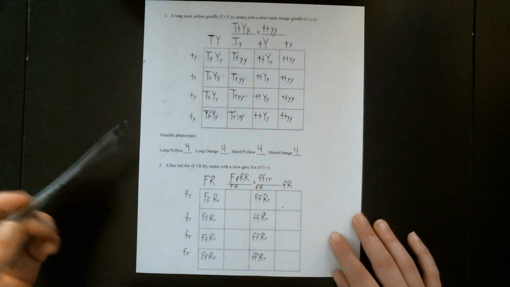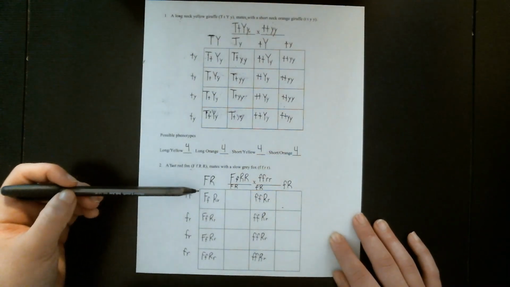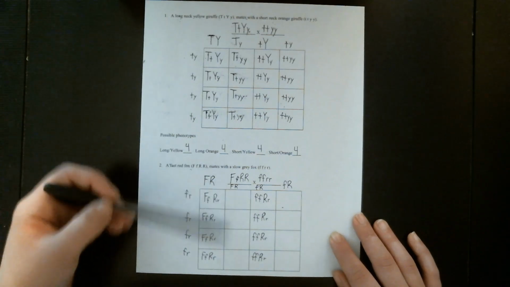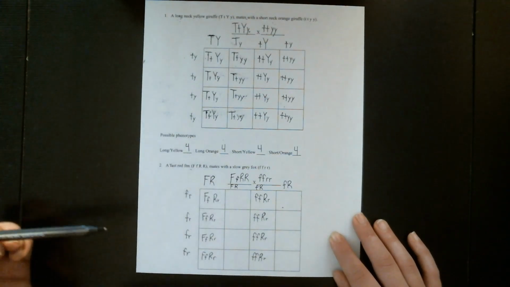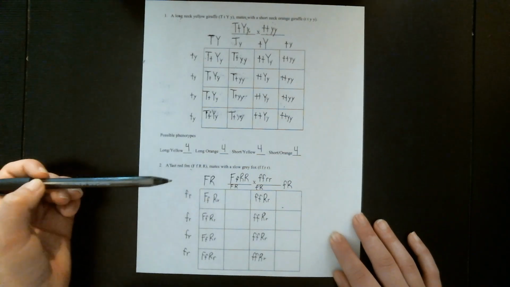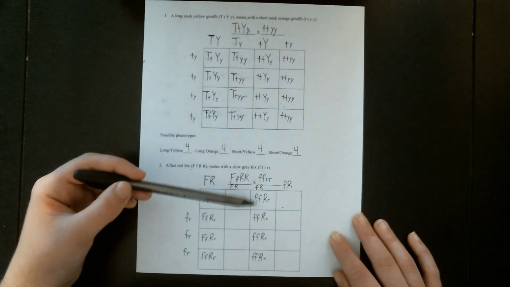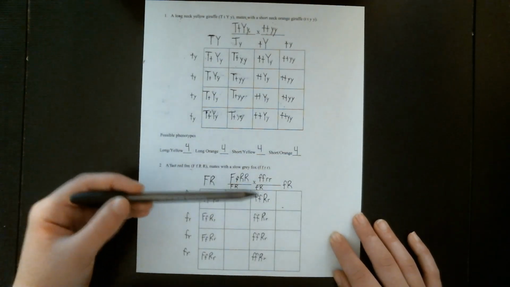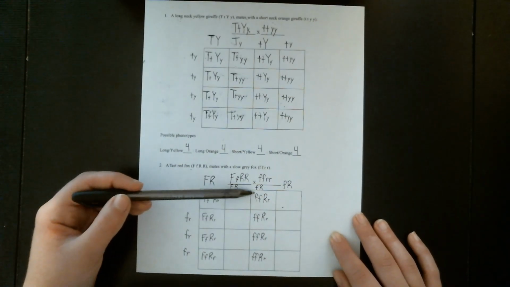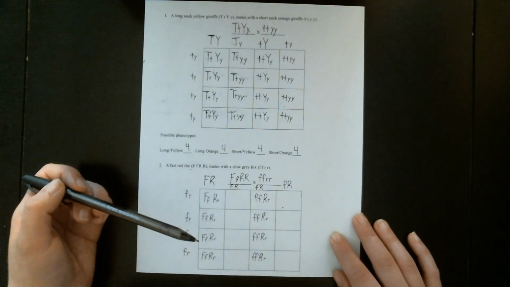So here we can see that all of these 8 are going to be fast and red because they have a dominant allele for each of the traits, whereas over here they're still going to be red because we've got this dominant R, but they are going to be slow.